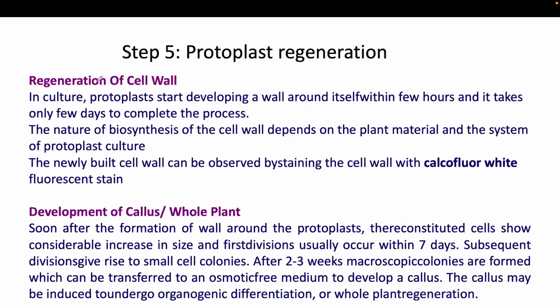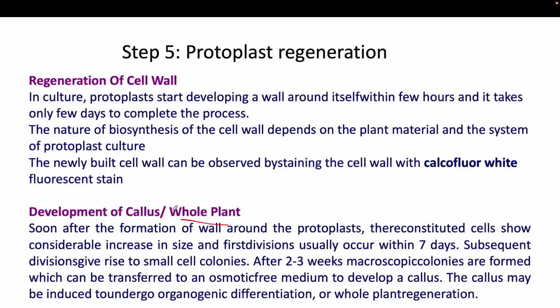Here also the cell wall will arrange. Firstly the cell wall is created, now it will arrange into the proper shape, and make other constituents of the cell also. Okay, and develop as a callus, or after some time it will create a whole plant.